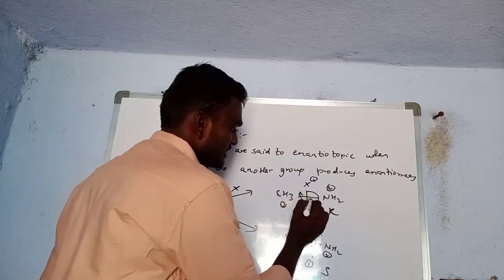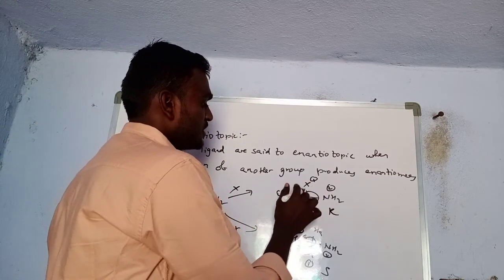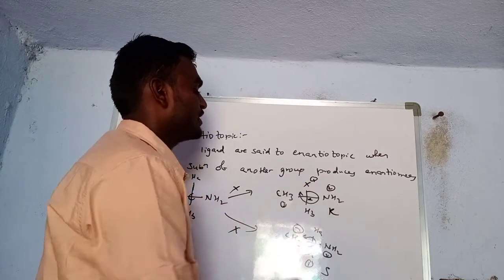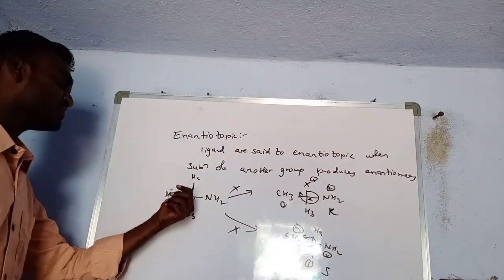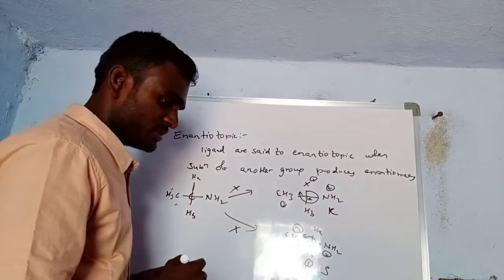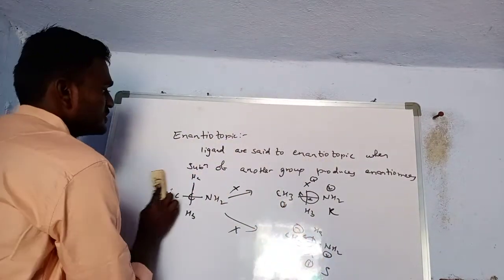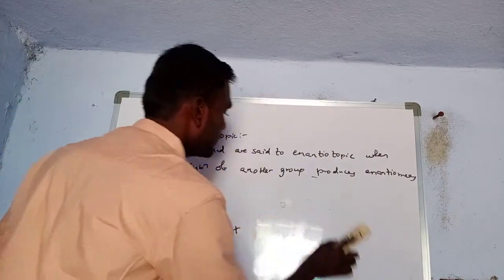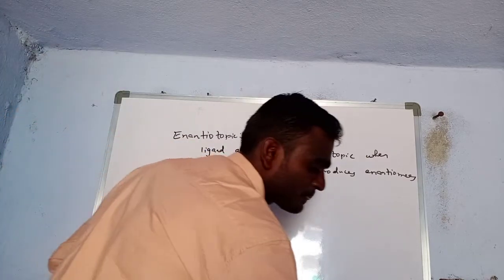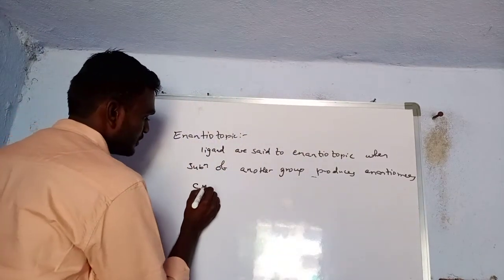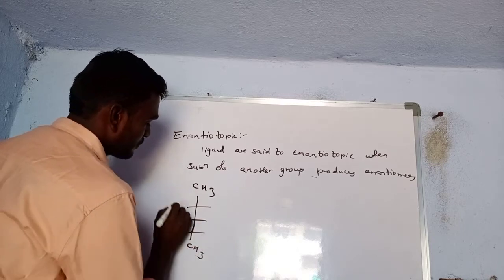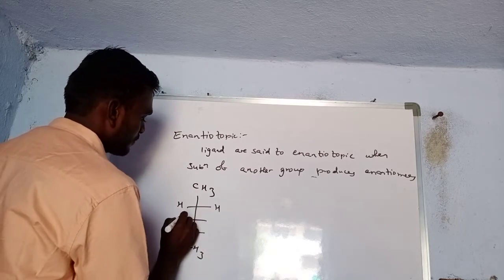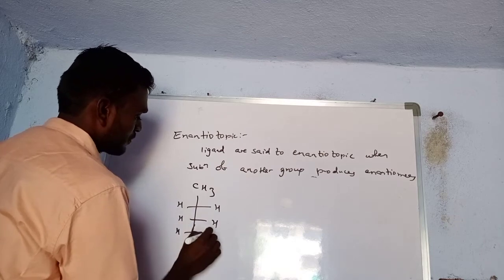See, this is the chiral center, meaning the carbon is attached to 4 different groups. These are the enantiotopic groups, enantiotopic ligands. Let's see another example for this. In this molecule we can differentiate what are homotopic and enantiotopic.